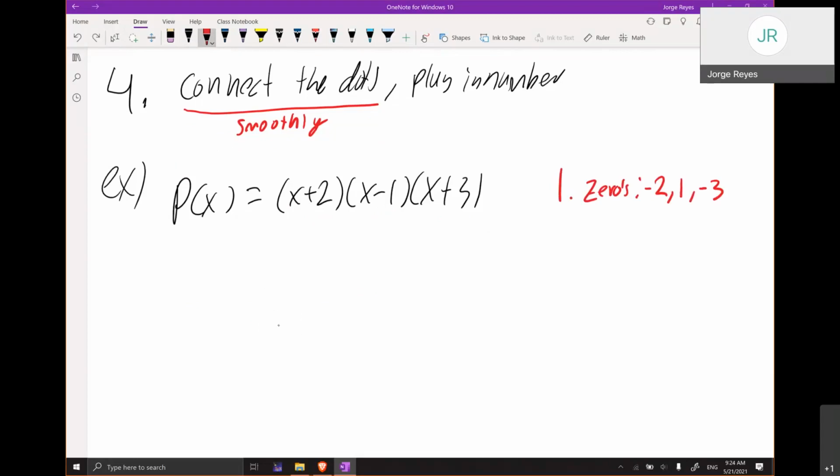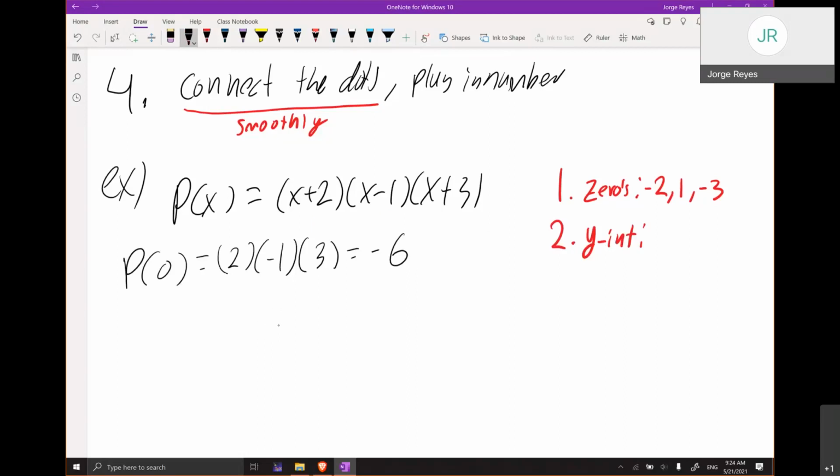Step 2 is I want to find the y-intercept. So I just plug in 0. I get 2 times -1 times 3, which is -6. So the y-intercept is (0, -6).